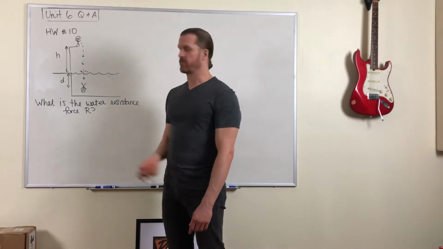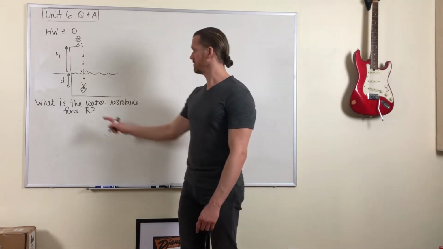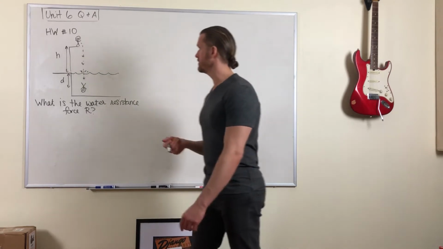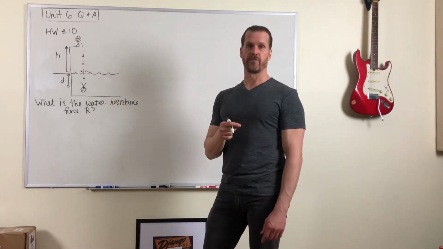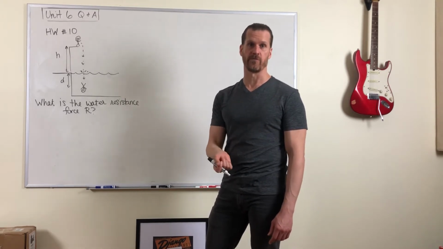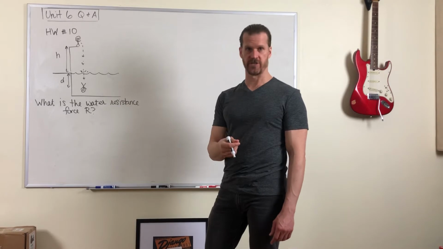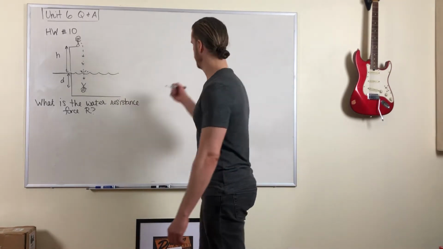What is the value of that force? And I'll use this label R for resistive force. It's a common thing to use. Now we can set up this problem using conservation of energy with non-conservative forces. A resistive force like air resistance or friction or water resistance is a non-conservative force.